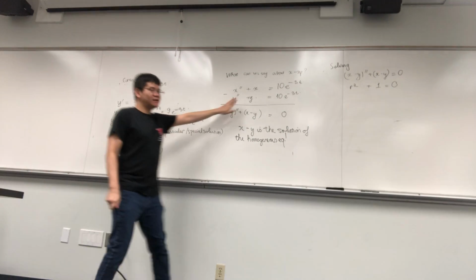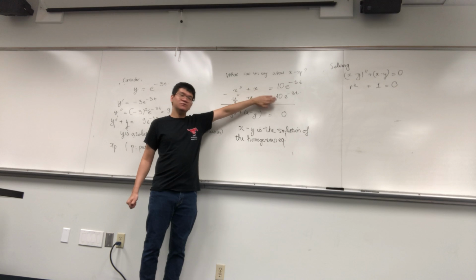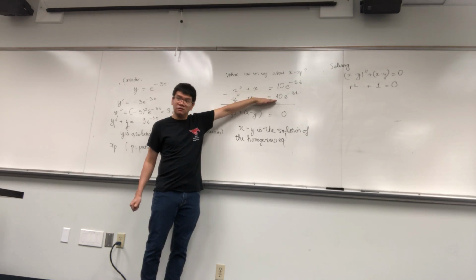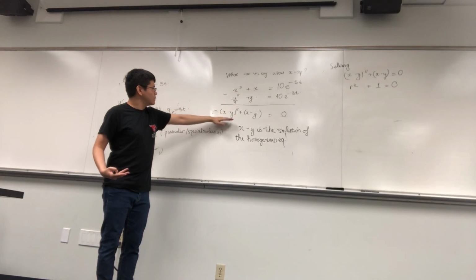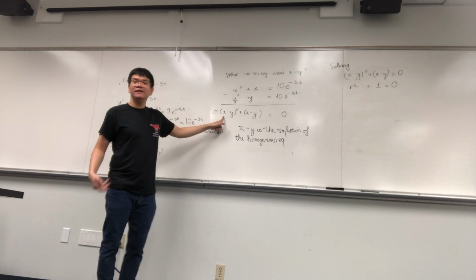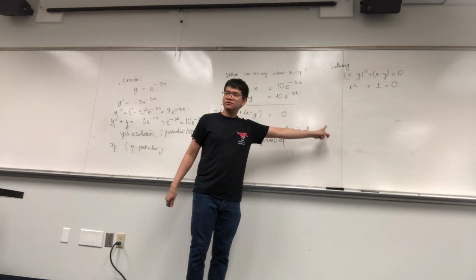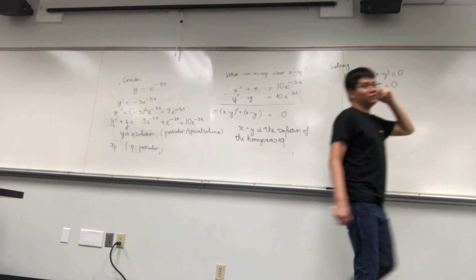So now if I subtract this special solution from the solution of the equation, I'm going to get back the homogeneous equation, right? So x minus y is the solution of the homogeneous equation. So I go back to the homogeneous equation.